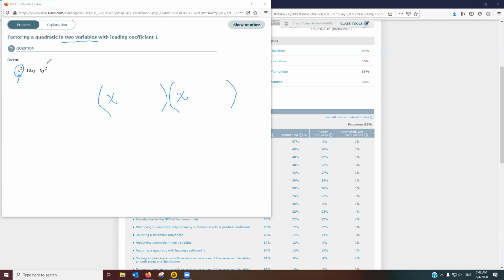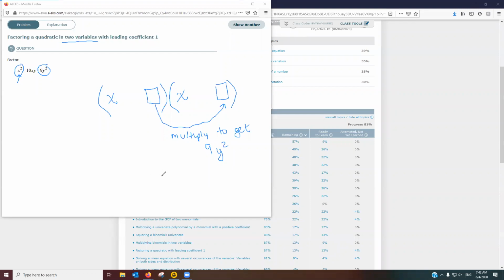All right, now, let me go to the back here. You might remember whatever is in this box and whatever is in this box, these have to multiply to get me 9y squared. So that means I need a quantity in back to multiply to get 9y squared.